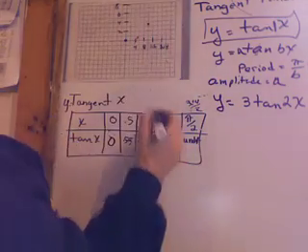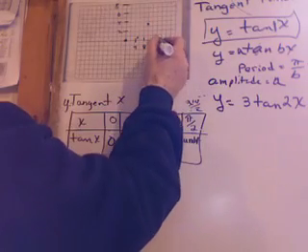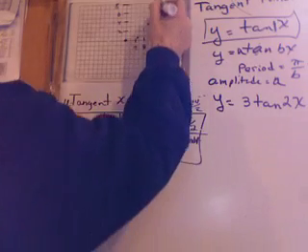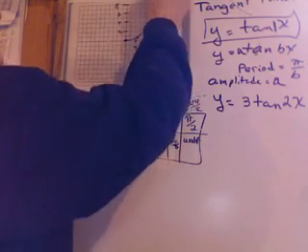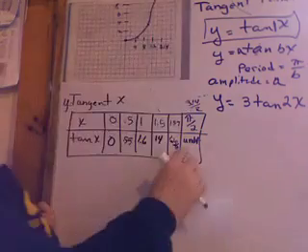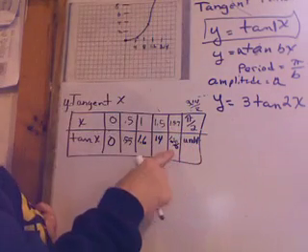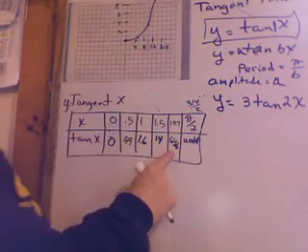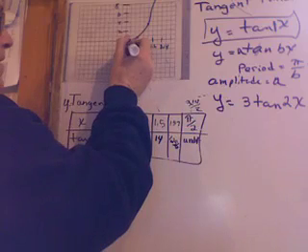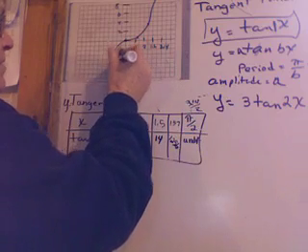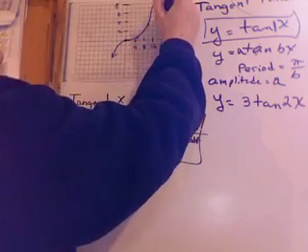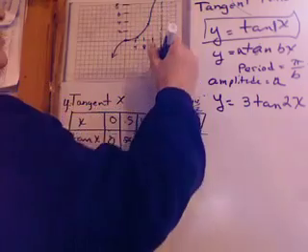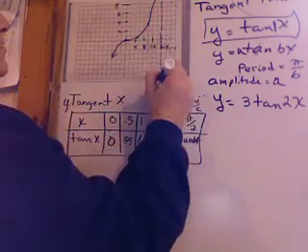At 1.5, I'm all the way up to 14, which is off of my chart. And at 1.57, I'm at 1,256, way off of my chart. And again, the tangent curve continues down in this direction here.